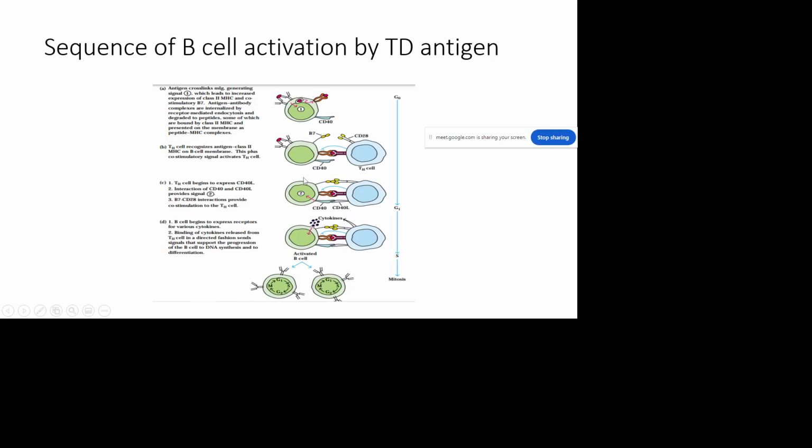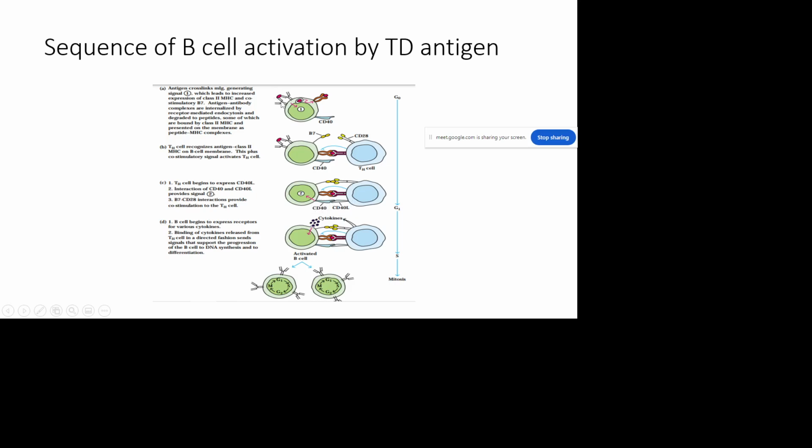So upon antigenic stimulation, which gives you signal 1, the B cell will start presenting the antigenic peptide by MHC class 2 and expressing B7, and then after this interaction, the helper T cell will begin to express CD40L and the B cell will express CD40. So the CD40 and CD40L interaction will give you signal number 2.